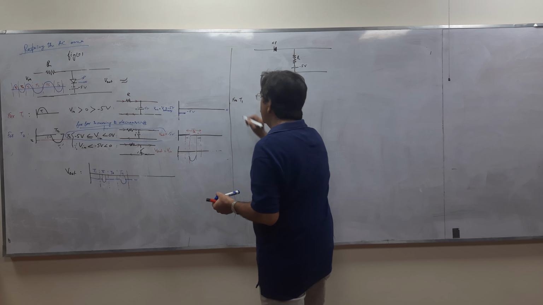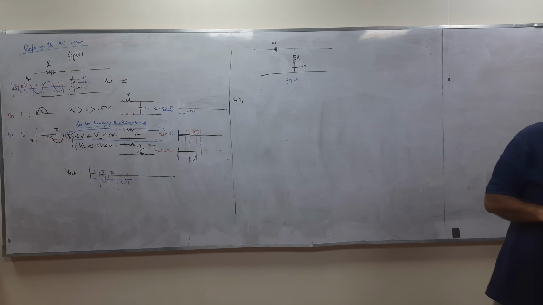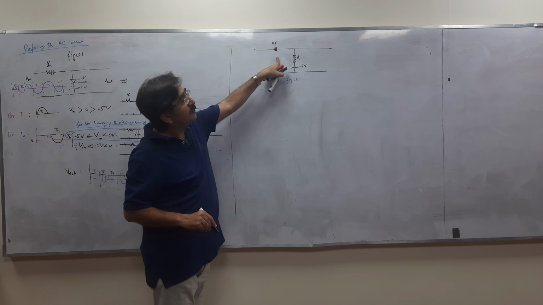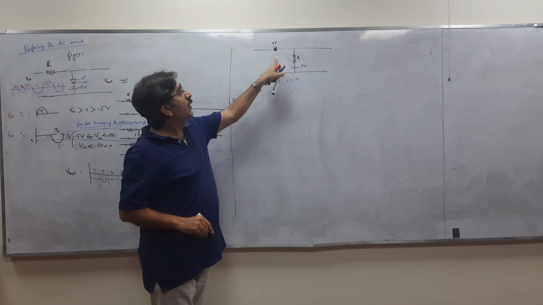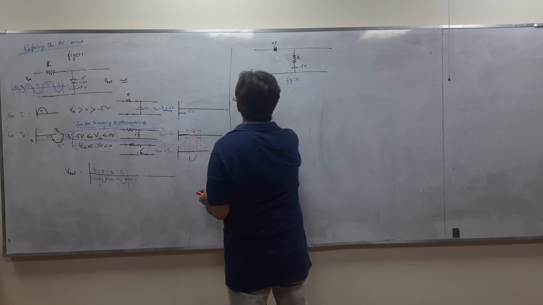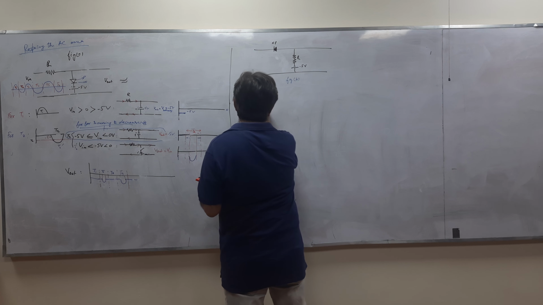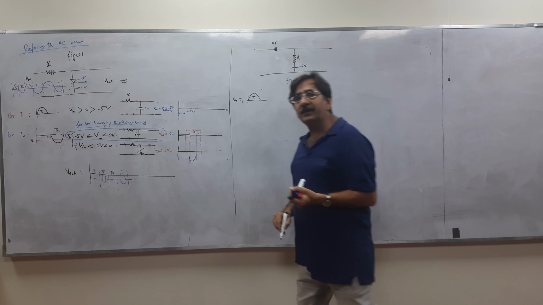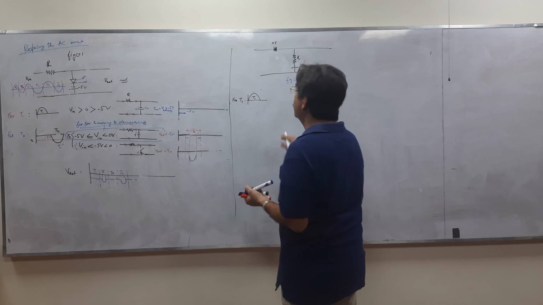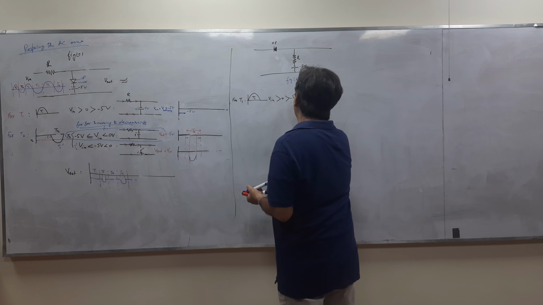For T1, what will happen for T1? Now the diode is reverse biased. This is the input wave, okay, and V in is greater than 0, greater than -5 volt, same.